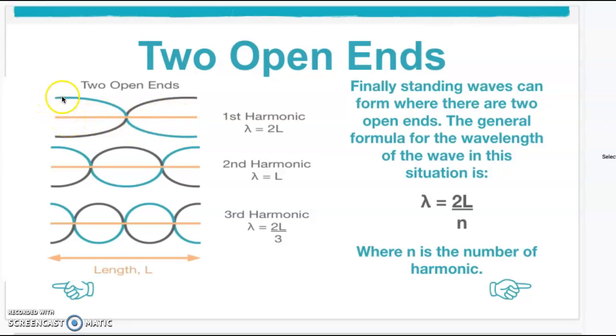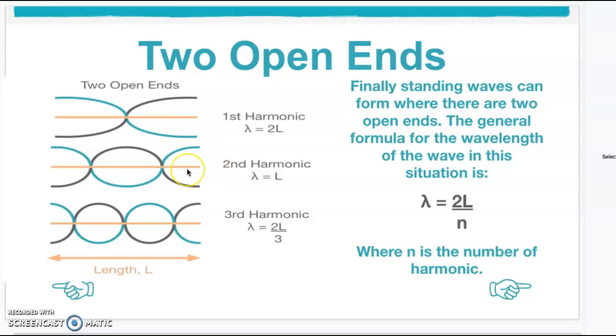If we look at this green line, I would need another quarter of a wavelength there, and then here I would need another quarter, which gives me a half. So basically this is half a wavelength. Therefore I would need 2 lengths to give me one wavelength. So the wavelength equals 2L.